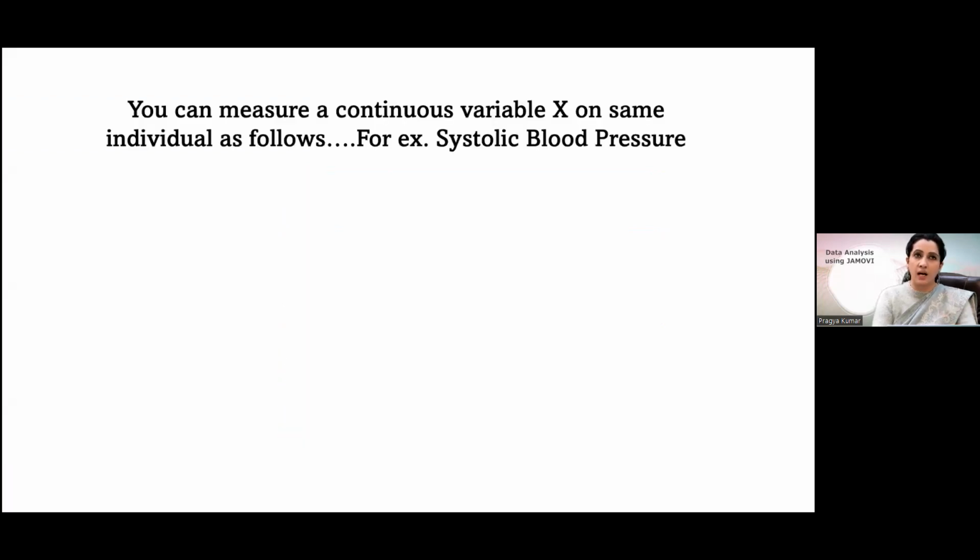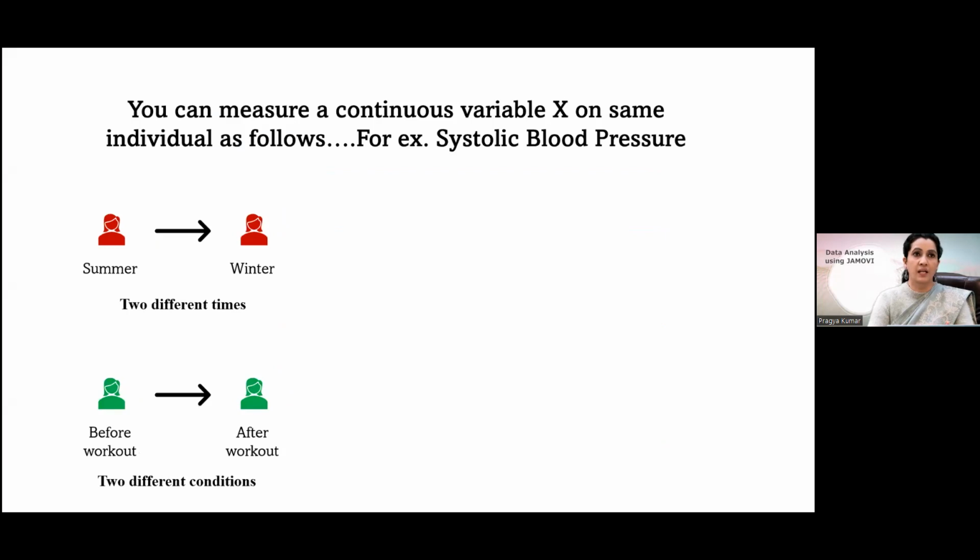So if I want to measure a continuous variable on the same individual, like systolic blood pressure in 2 seasons, like summer and winter, it will be a paired value because I am measuring the blood pressure in 2 seasons. Or I am measuring the blood pressure under 2 different conditions, like maybe before workout and after workout.